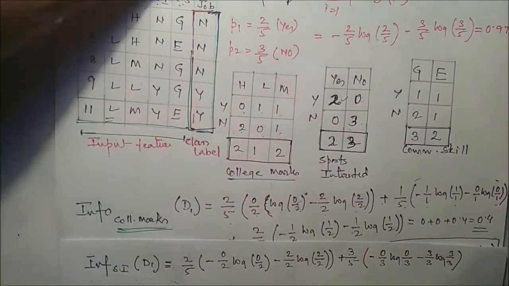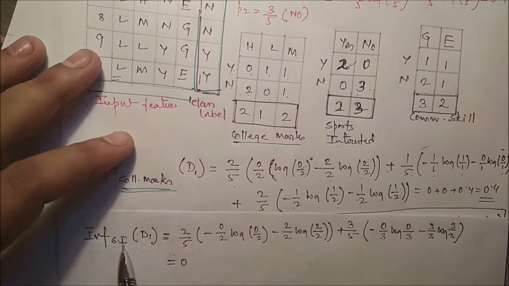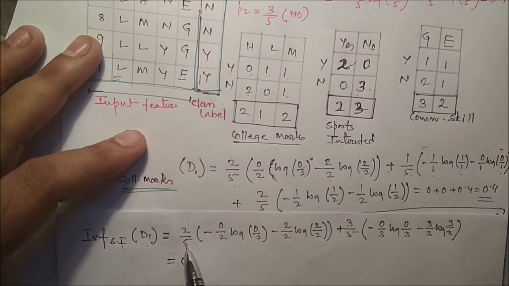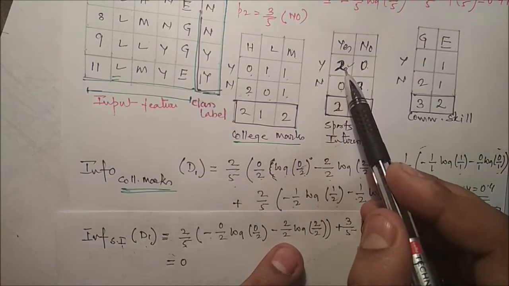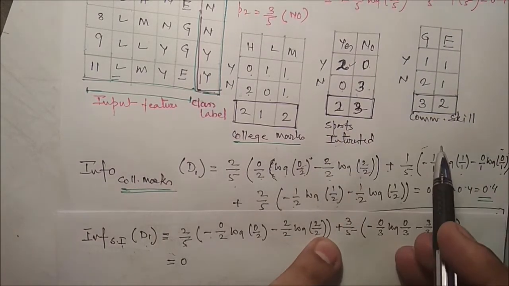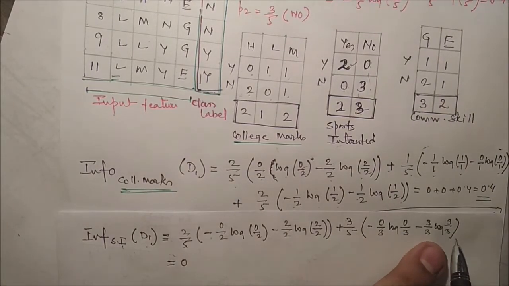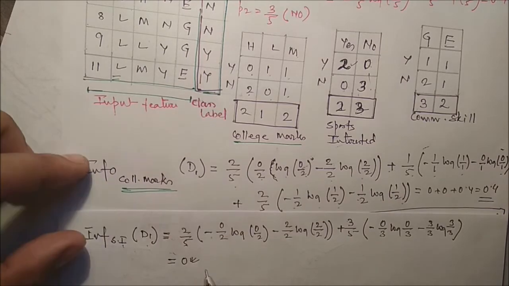For sports interested we can identify the entropy. Info(sports interested) = 2/5 times (minus 0/2 log 0/2 minus 2/2 log 2/2) plus 3/5 times (minus 0/3 log 0/3 minus 3/3 log 3/3), and if you solve it, you get the answer 0.